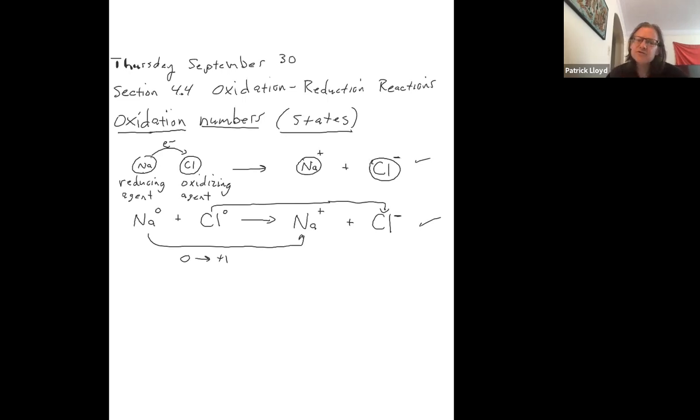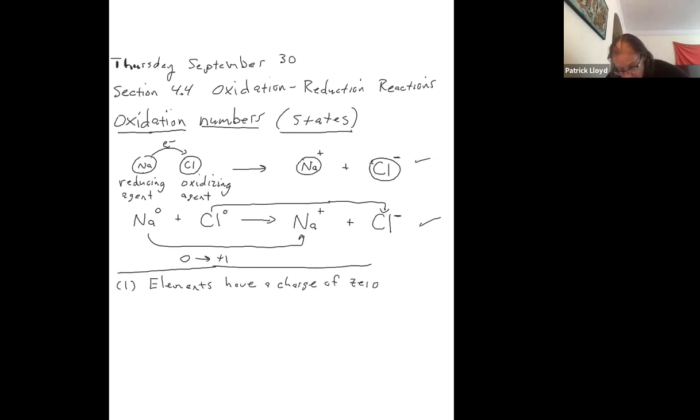And there's a general set of guidelines for them, and I'm going to write them down here. The first guideline is that elements have a charge of 0, right, 0, and an oxidation number of 0.